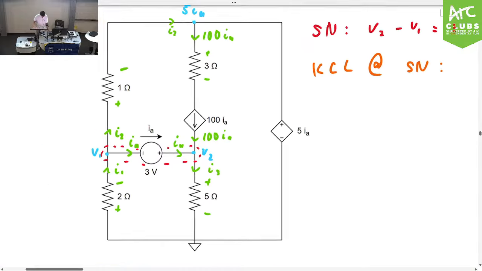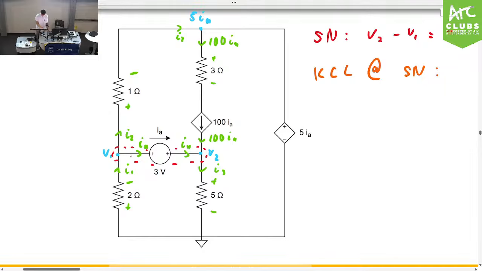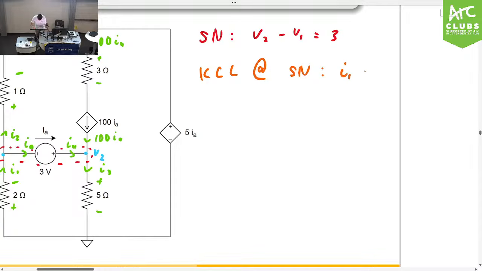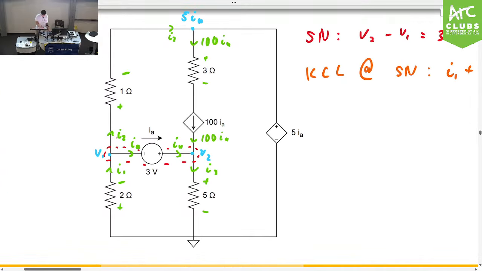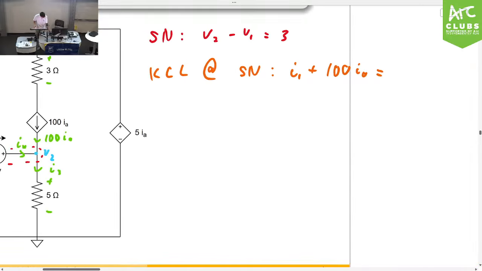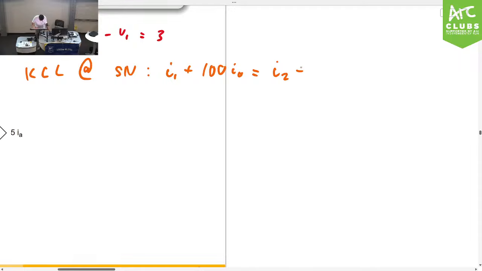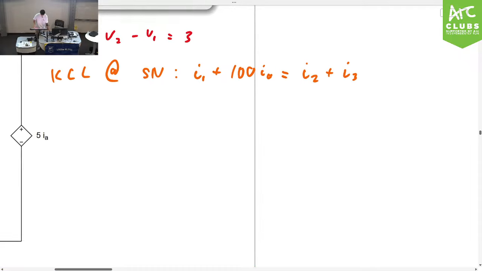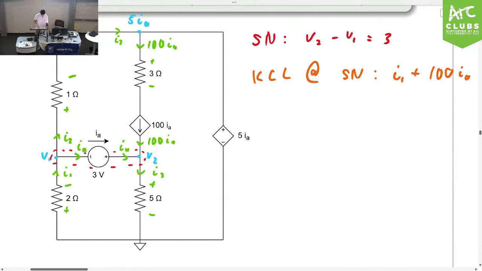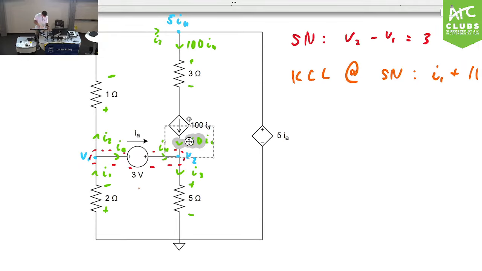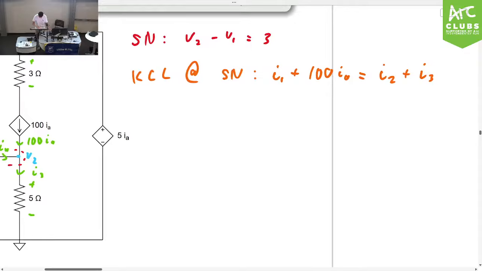So for this case, we have I1 entering the supernode. We also have 100 IA entering the supernode. So let's write that. So I1 plus 100 IA is equal to, and now we have I2 leaving the supernode up here, and we have I3 leaving the supernode over there. So it would be I2 plus I3. Okay? And then we write I1, I2, I3 in terms of our voltage drops and resistance. So I1 would be 0 volts here, 0 minus V1 over 2.